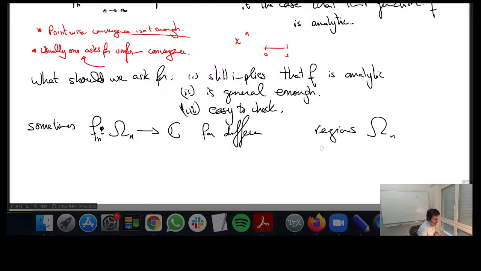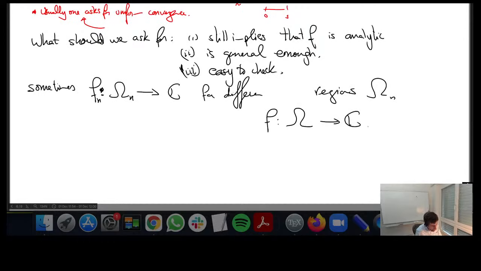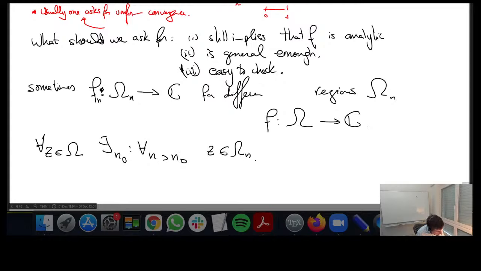Right. So this happens quite often, in which you define f_n in a region that doesn't contain quite the entire region, and f, say, is defined in a region omega. Of course, in order for us to talk about convergence, it's important that for all z in omega, there exists some n0 such that for all n bigger than n0, z is inside all the omega_n's.